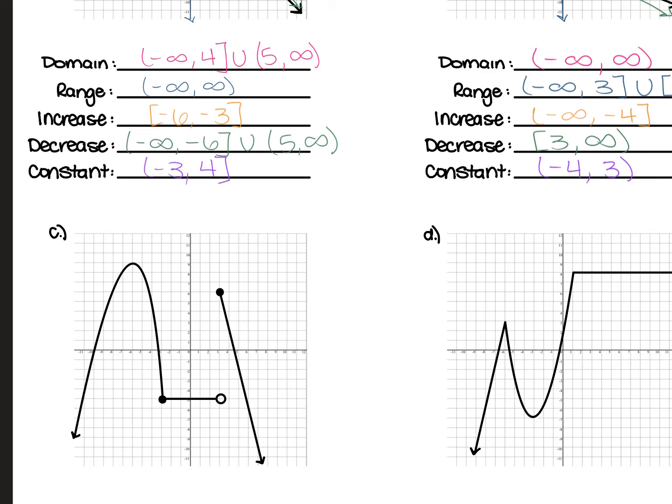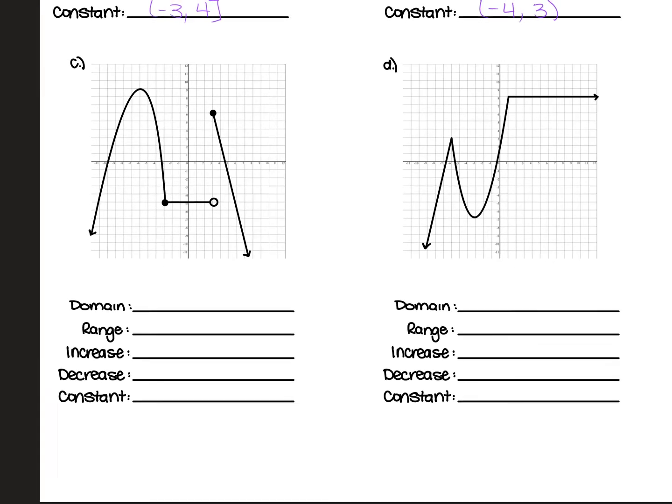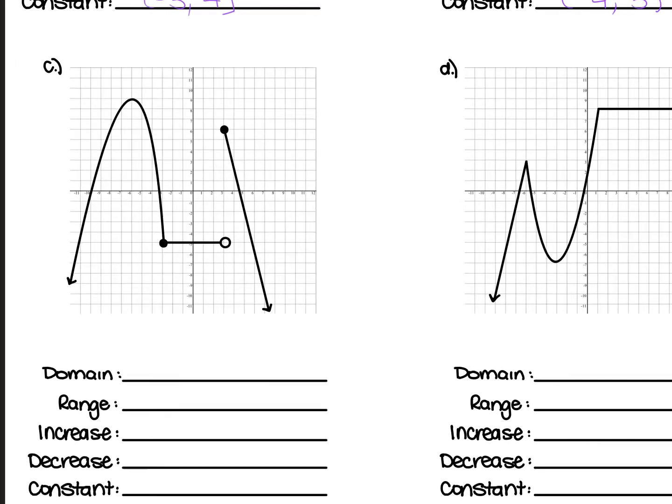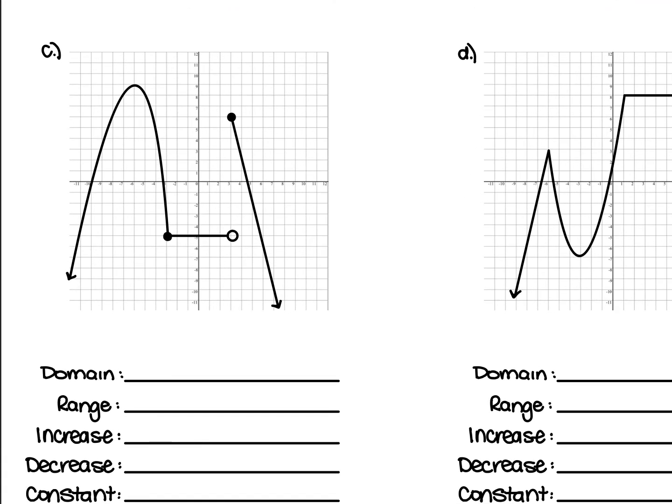For your next example, for C, you have a graph that is for your domain coming from -infinity, going to that 3, and it picks up at 3 and goes to positive infinity. So your domain is just from -infinity to positive infinity. Your range, it is going from -infinity up to the highest point, which is 9. So from -infinity to 9, and that 9 gets a bracket on it. You are increasing or going up from left to right, from -infinity to -6.